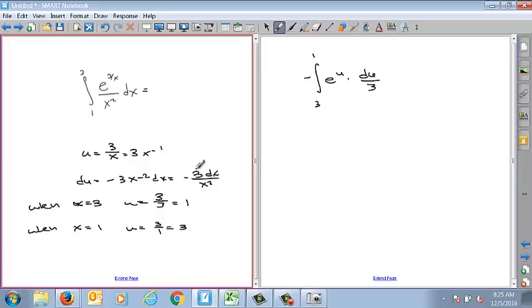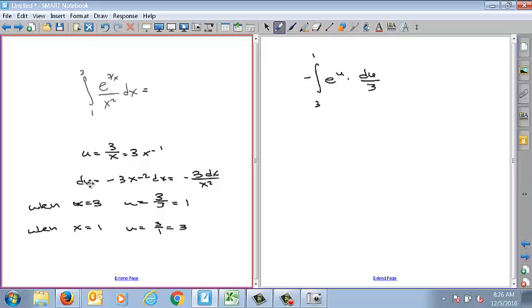Now, I've noticed somebody doing it, and it's fine, because I know this is the way they teach it at James River, and that this person does not go to James River. But anyway, another way of doing this substitution is you solve for dx instead of trying to get dx over x squared.